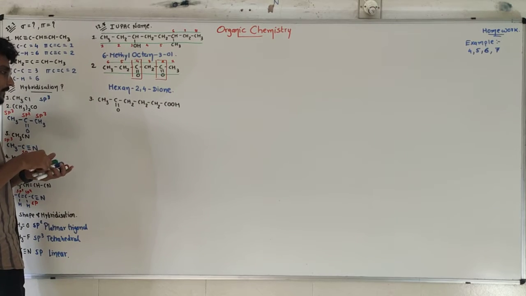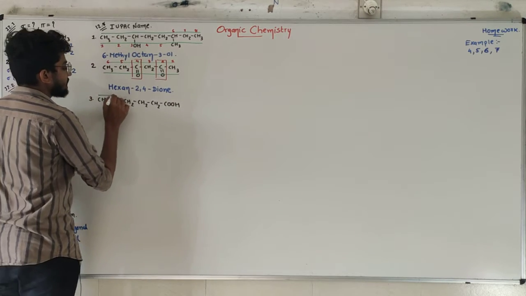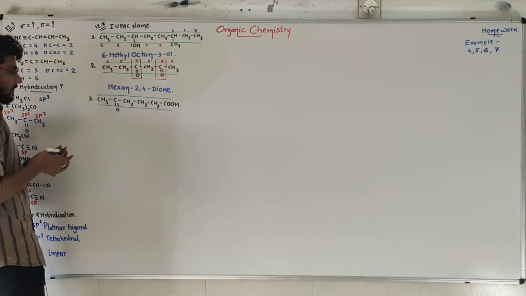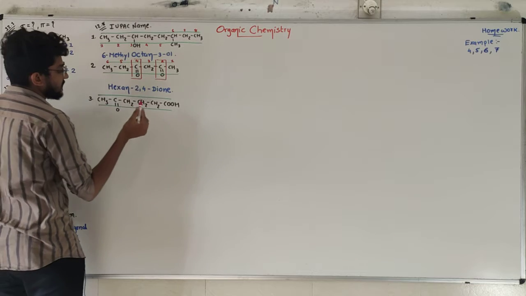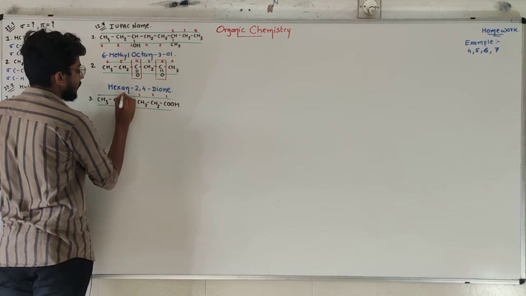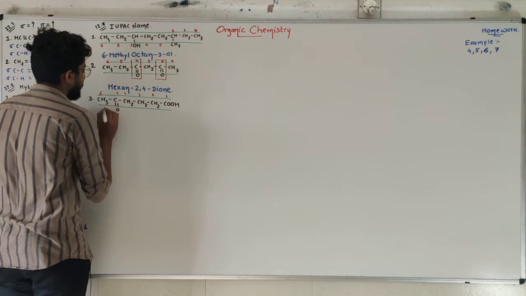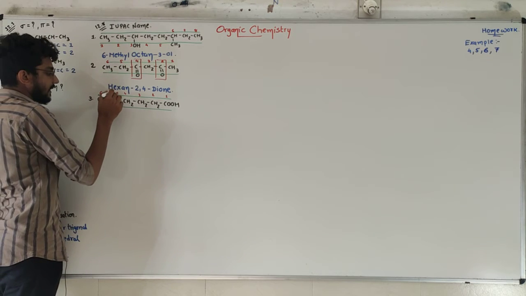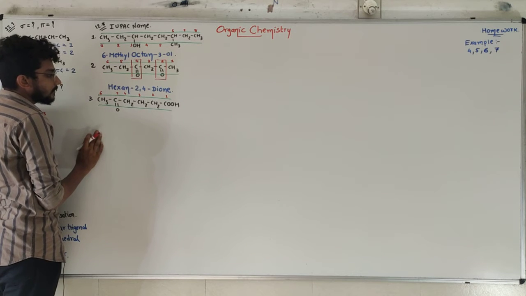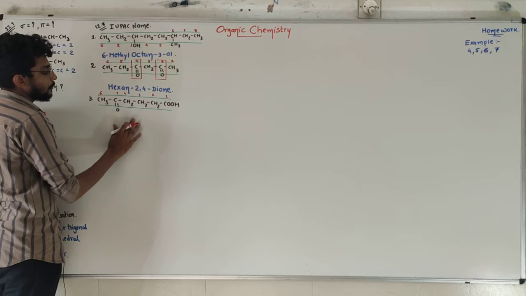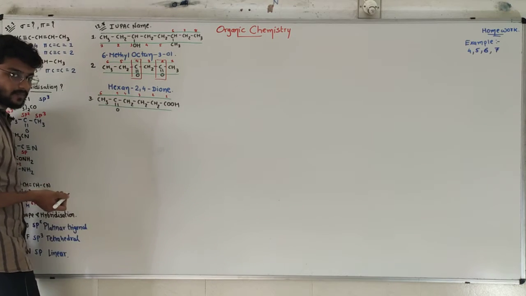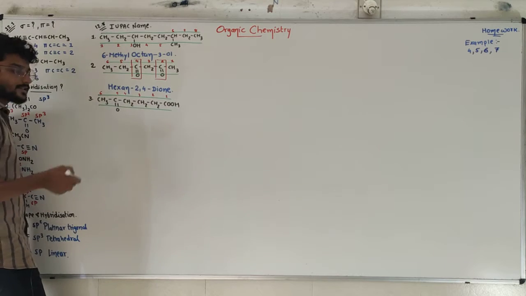As we know, because of the carboxylic acid, the carbon containing the carboxylic acid will be the first one, because carboxylic acid is the most reactive. So 1, 2, 3, 4, 5 and 6. On the fifth there is a ketone group available, and because of the ketone group and carboxylic acid, we have to prioritize on the basis of reactivity, and carboxylic acid wins because it is the first one on the list.